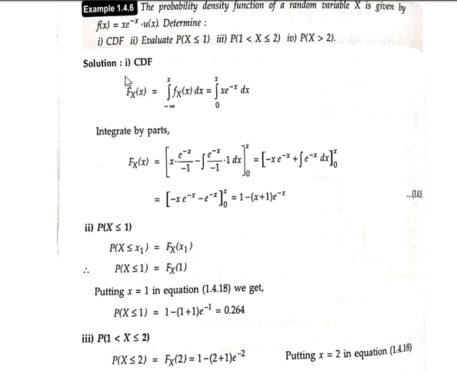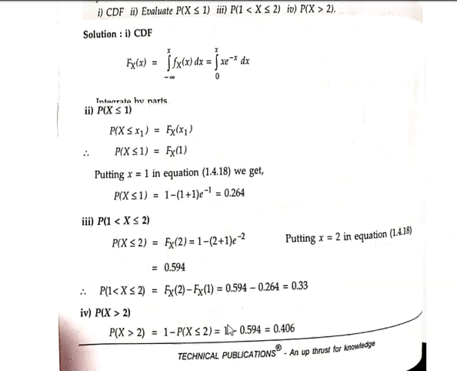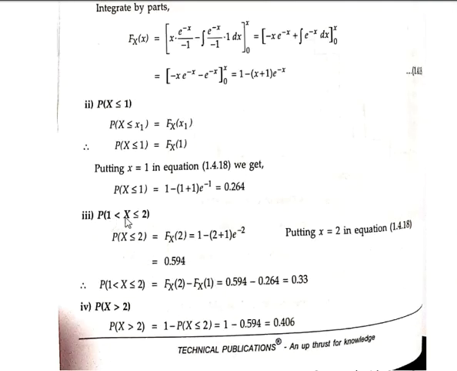Even though it is less than, we put 1 only. So when x is equal to 1, this works out to be e to the power minus 1, so it is 0.264.